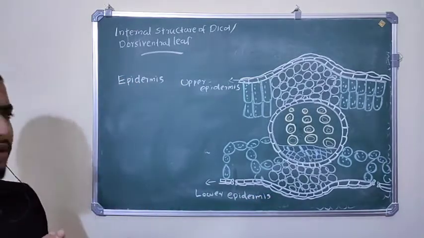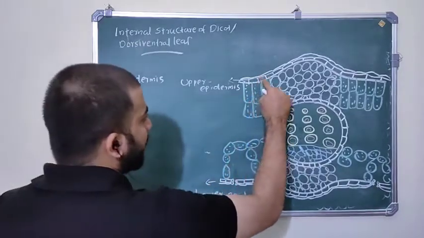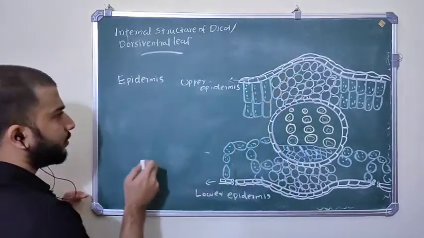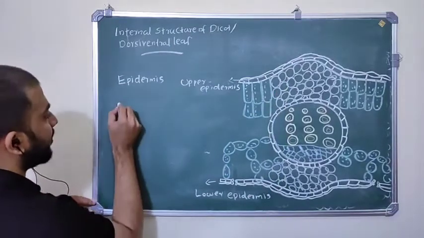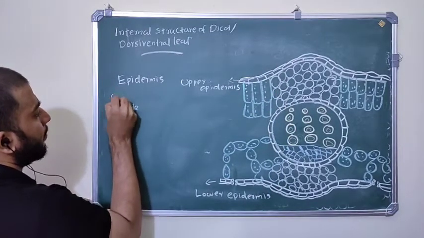What are the important features of the upper epidermis? Look here, this upper epidermis is made up of a single layer of parenchymatous cells.